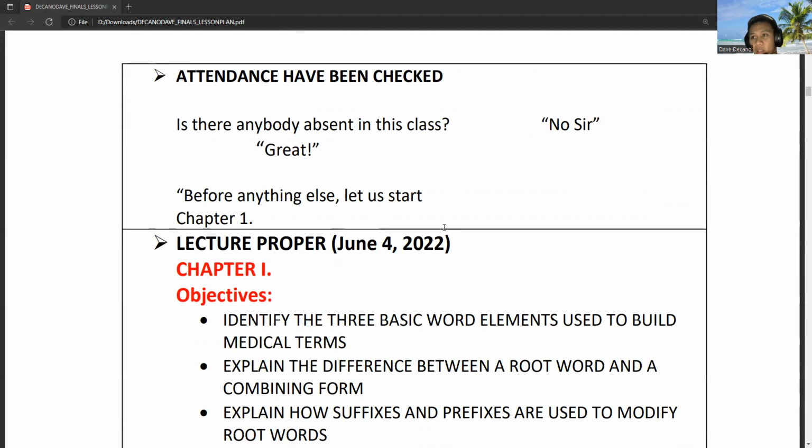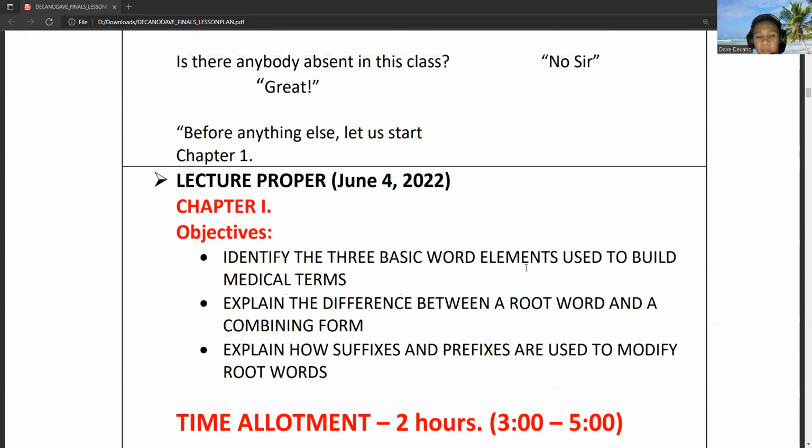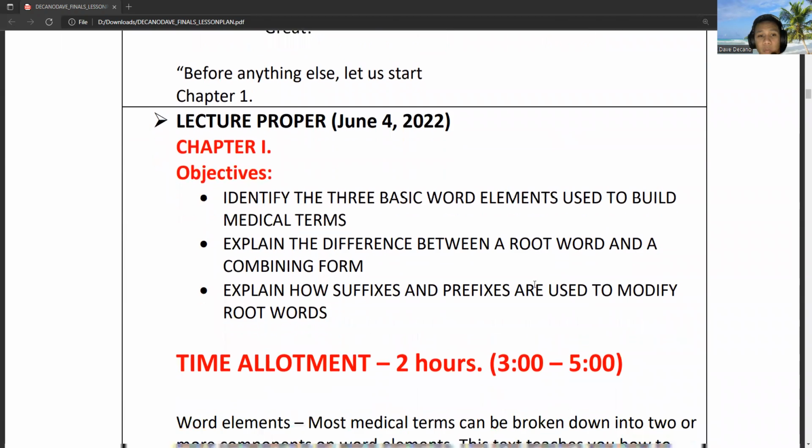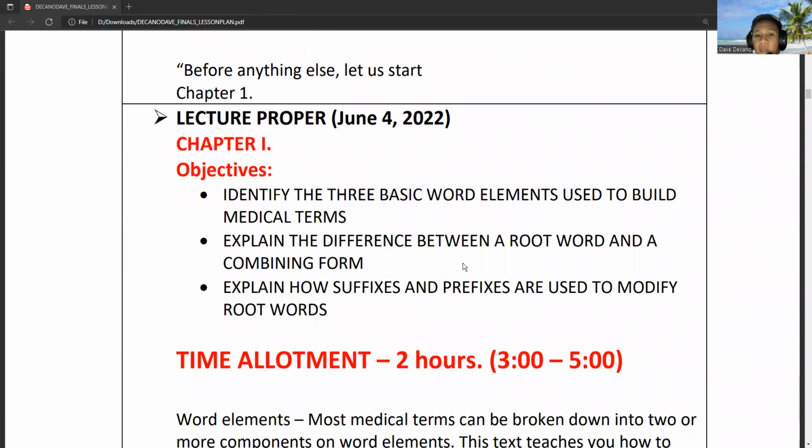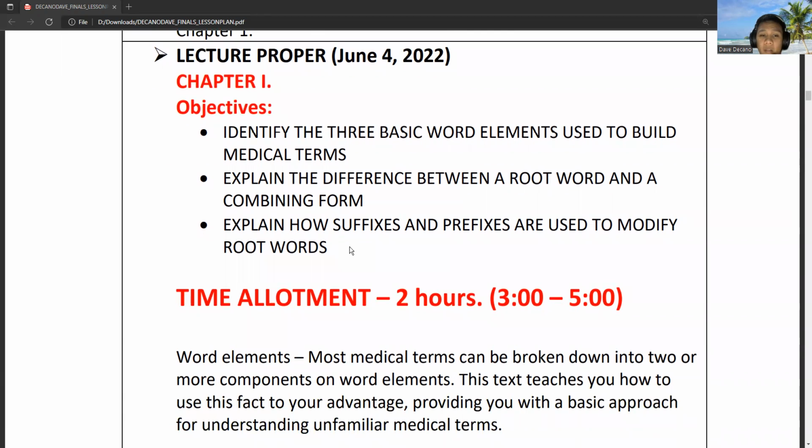Then before proceeding to the lecture proper, in chapter one, there are sub-objectives such as: identify the three basic word elements used to build medical terms, explain the difference between a root word and the combining form, and lastly explain how suffixes and prefixes are used to modify root words.